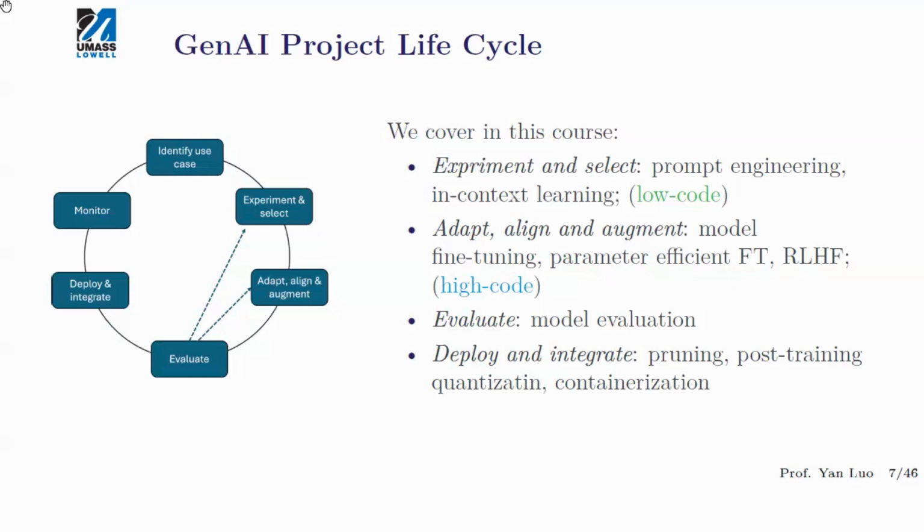There are different ways to do fine-tuning, using so-called parameter efficient fine-tuning or using reinforcement learning with human feedback. That's what RLHF stands for. That's what we consider as adapt, align, and augment. So those are the techniques we will talk about, where a lot more coding will be involved.